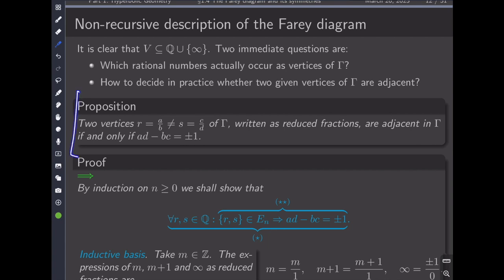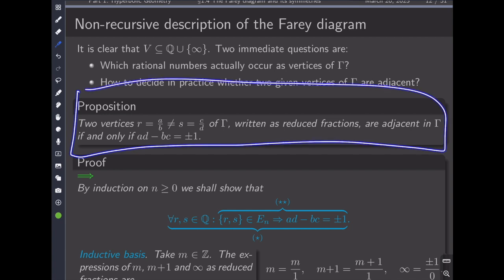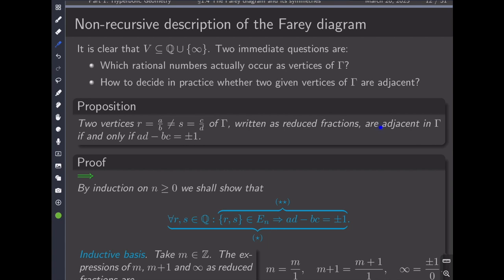We were in the process of proving that if you give me two vertices of the diagram, written as reduced fractions, they happen to be adjacent, connected by a Farey edge, if and only if the associated determinant is plus or minus 1.